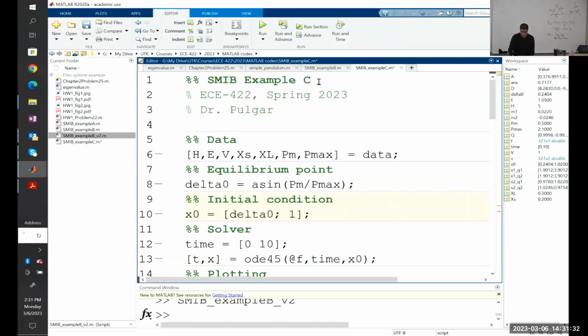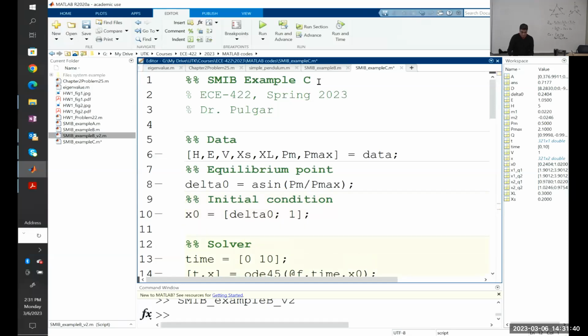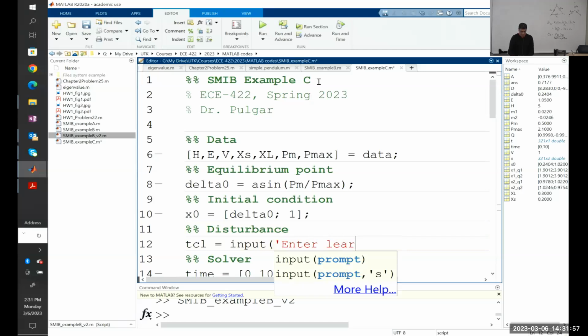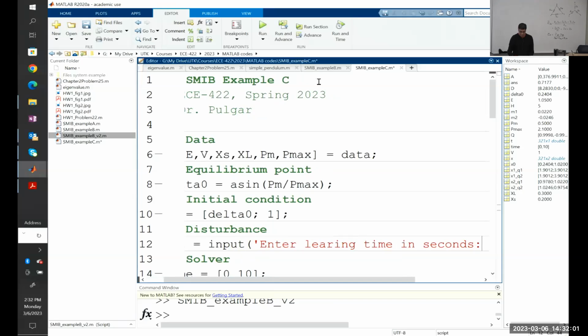But this time, we're going to define the disturbance. The disturbance will require the time TCL, the clearing time. And we can define this as an input. So input, enter clearing time in seconds.